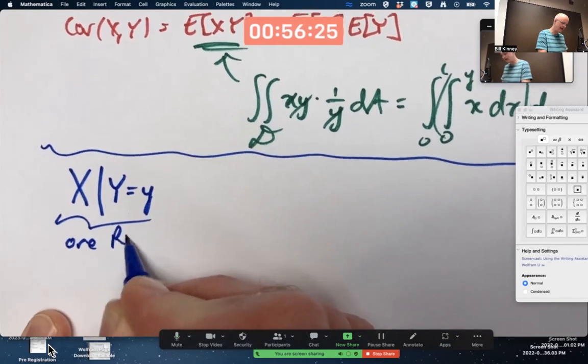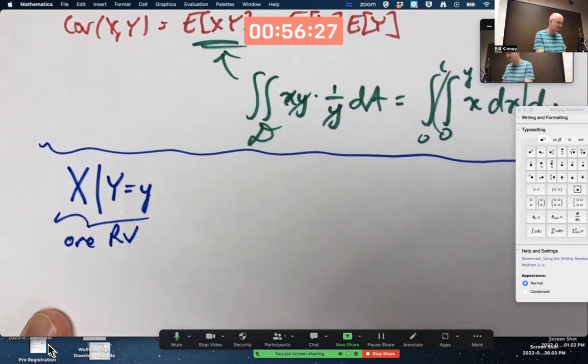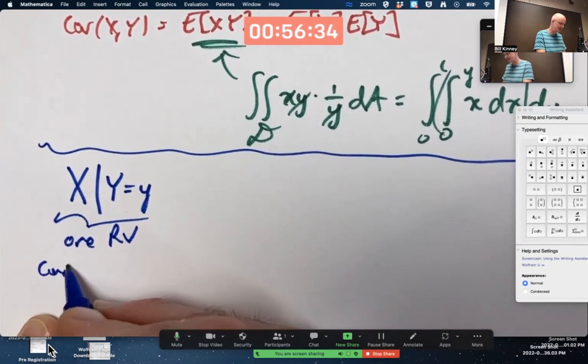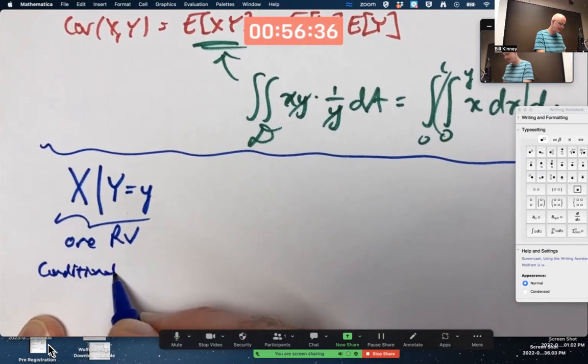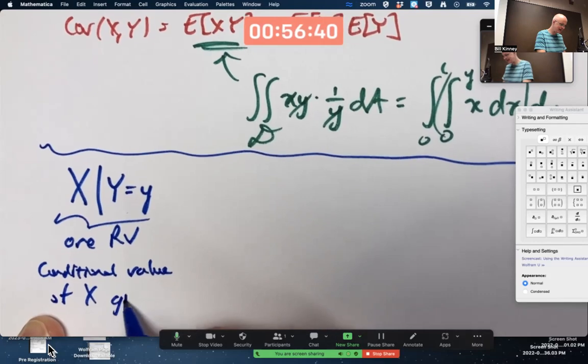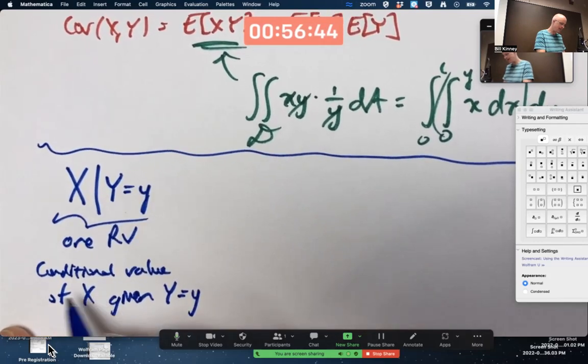That whole symbol represents one random variable: the random variable representing the conditional value of x given that the random variable y equals little y.